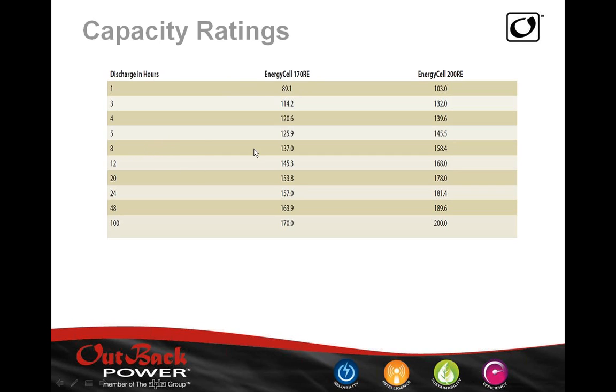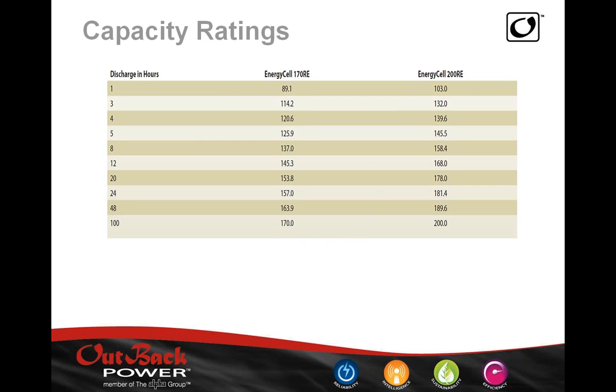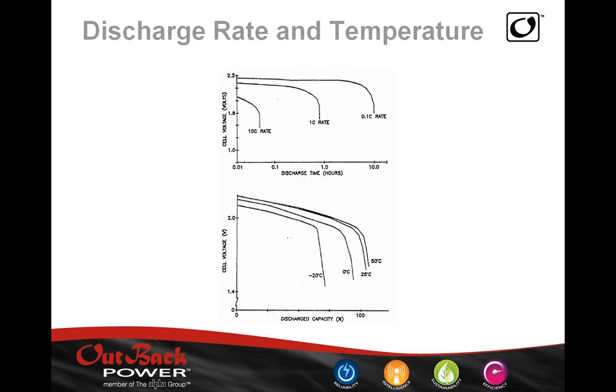If we go up to the 5-hour rate, which is 145.5 amp hours over 5 hours, it's going to be about 29 or so amps. The pattern to see, coming back to this picture, is that the higher the discharge current, the less running time we're going to get. And we're going to be using that to our advantage.